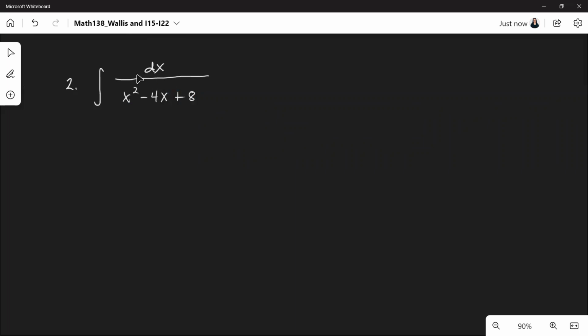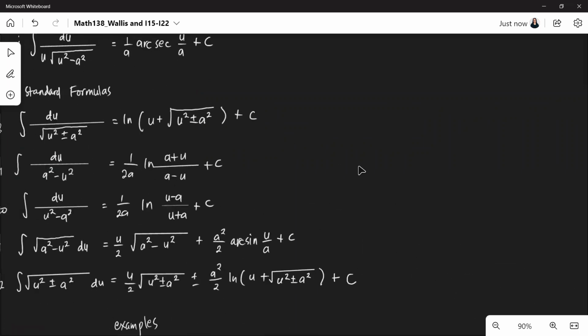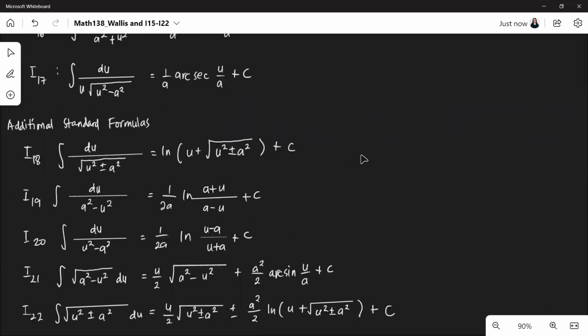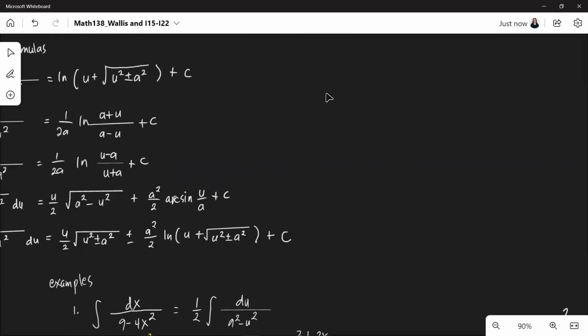Obviously, there's no 2x minus 4 here. So we try to transform this into a sum or difference of two squares. And there's no radical. So maybe same with number 1, a squared minus u squared, or it can be a sum of a squared and u squared. So maybe I16. Okay, so let's see.